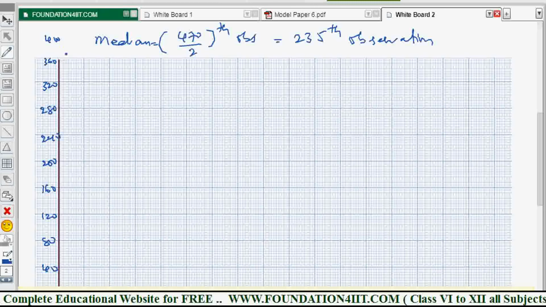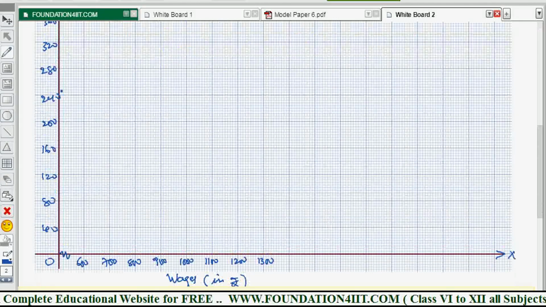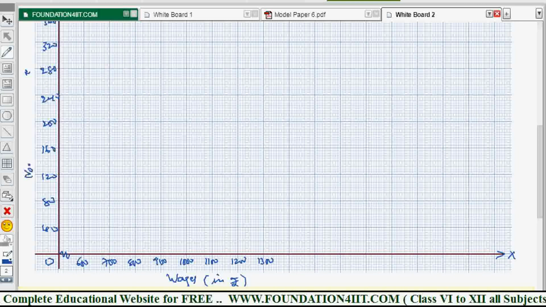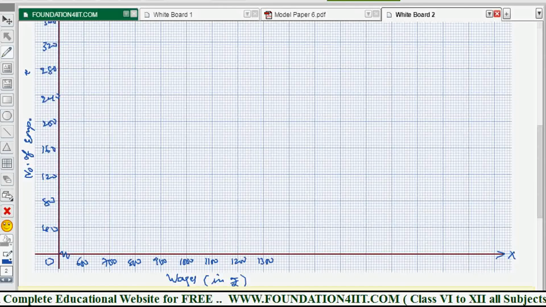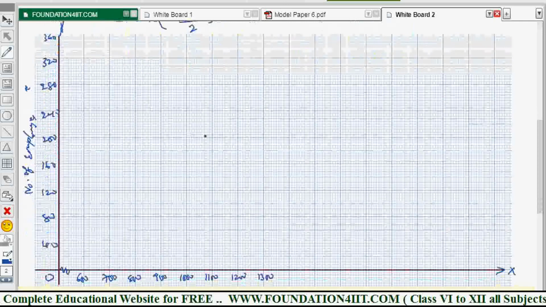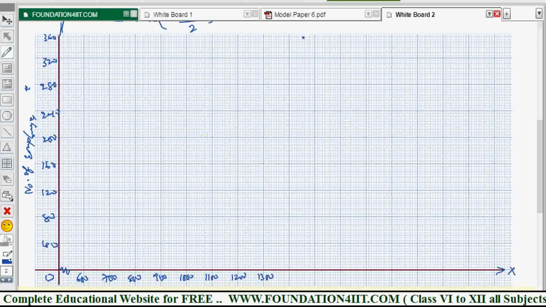Let's plot this later. Number of employees we can take on the y-axis. If I extend this more, only then can we plot carefully. By using this table only, we need to plot.